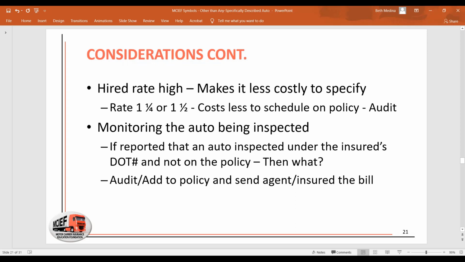Another was a dispute in front of the Department of Insurance in Kentucky, where you had three brothers sharing vehicles, and again the bills got sent to each brother for about $900,000 on hired auto. Granted, both of those were assigned risk, but this is where you have the problem that the hired auto is auditable, and then the insurance company worries about collecting that. So for the hired auto rate, they use 1.25 to 1.5 times more to make it more costly than scheduling on the policy.